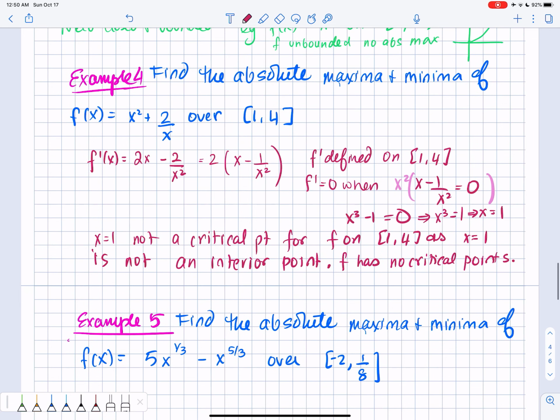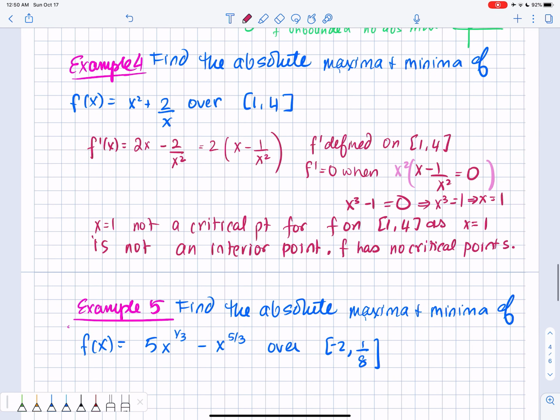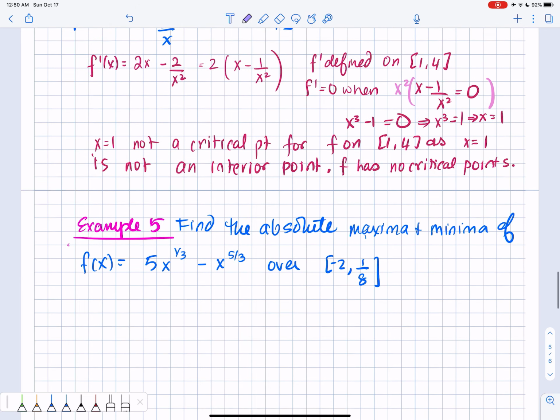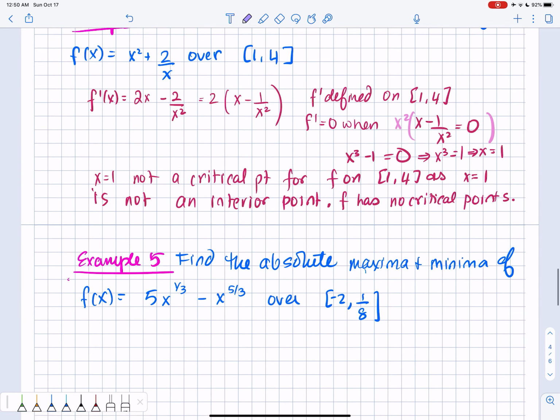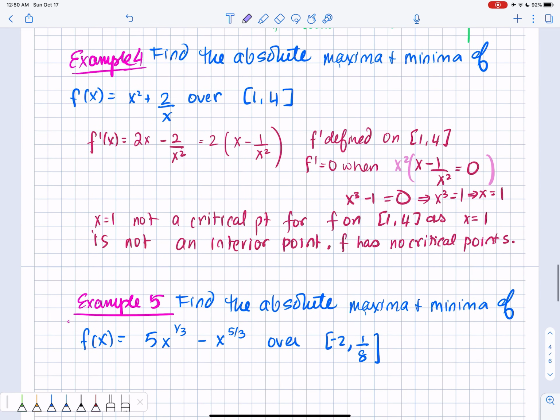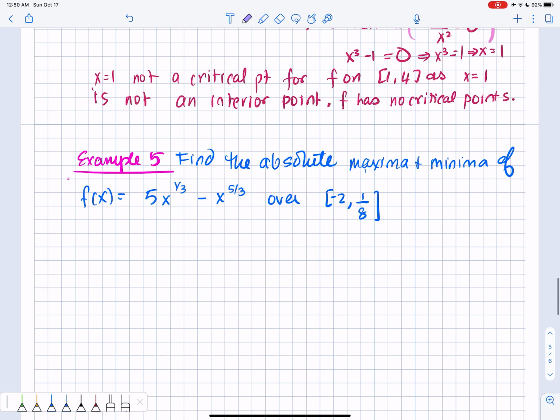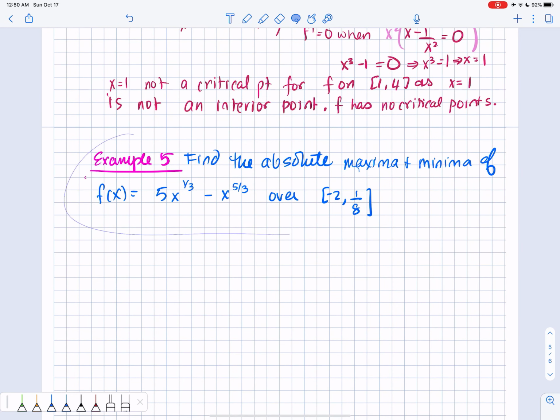Now let's look at this next example. Find the absolute maxima and minima. Oh, sorry, we were not just looking for critical points in the problem, we're looking for absolute maxes and mins.